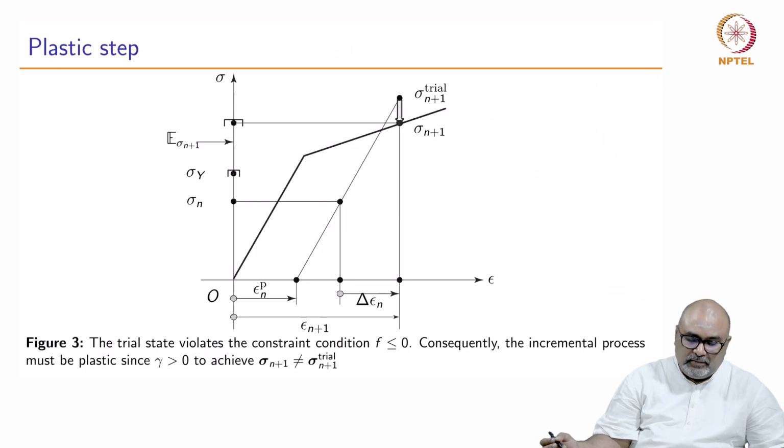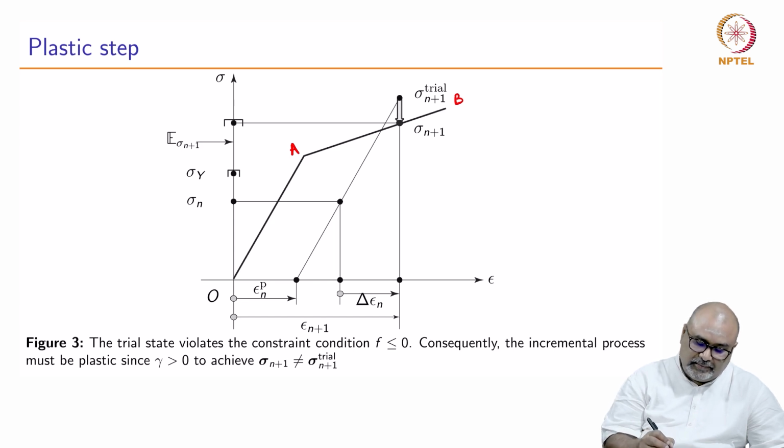So, essentially during a plastic process, when you are on the plastic loading curve AB, let us say we are at a point C, and we want to move to another point C1 along the plastic loading curve AB. So, we have taken an increment from point C where it is epsilon n, and we are giving an increment delta epsilon n to get epsilon n plus 1.